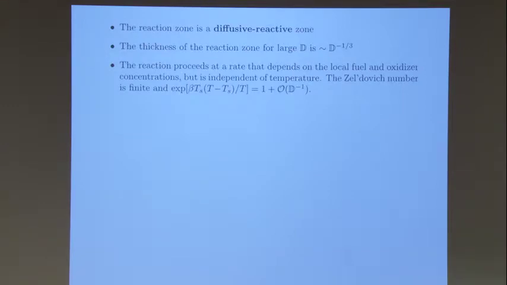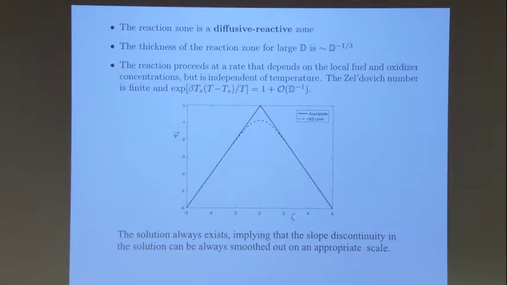And so here is the solution. This is the slope that it had to reach eventually, plus 1, minus 1, and the dashed red curve is the numerical solution. This proved that the Burke-Schumann solution always exists, and therefore the discontinuity in slopes that I was concerned about before is no longer a worry.